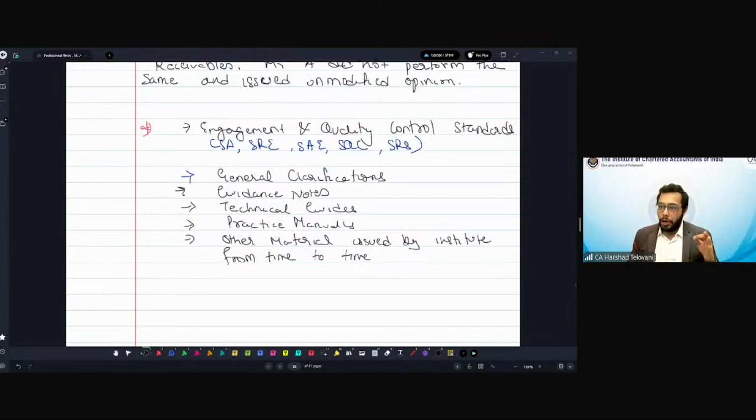The Code of Ethics has specified each and every term in detail, in 2 volumes. For example, when I talk about generally accepted audit procedures, it has already specified that general clarifications, engagement and quality control standards, guidance notes, technical guides, practice manuals, and other materials are part of that.